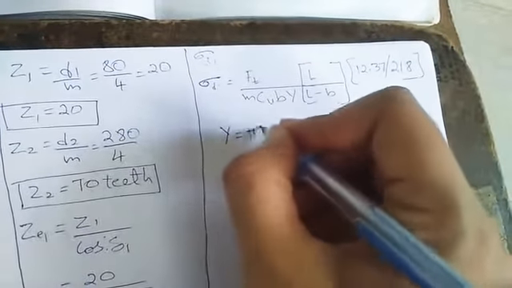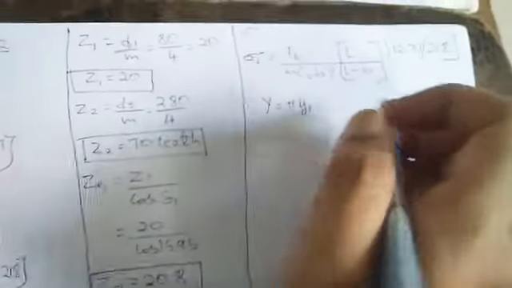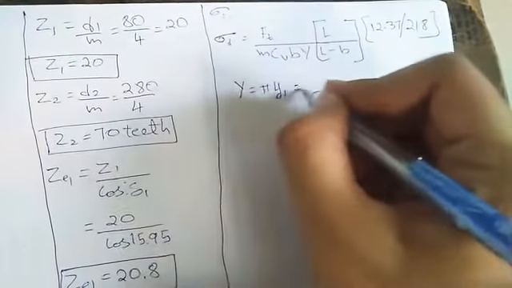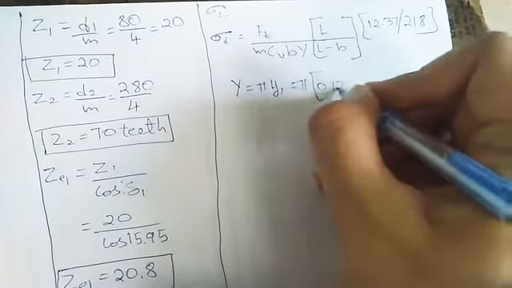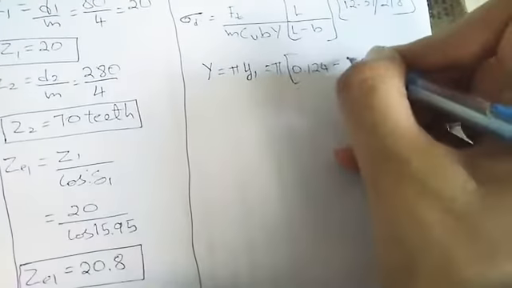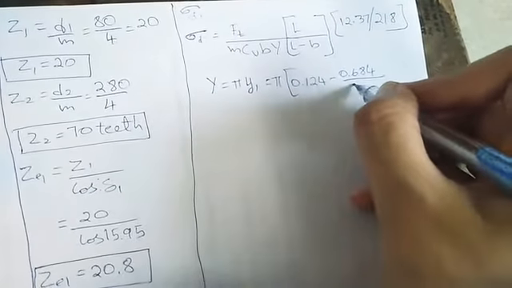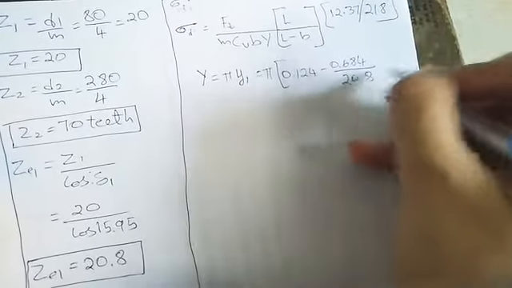So y is equal to pi y1. This value we had found for the teeth which I had assumed, but now I have got the actual number of teeth, so we will find this value. Pi into 0.124 minus 0.684 by Zd1; in place of Zd1 I will put 20.8.